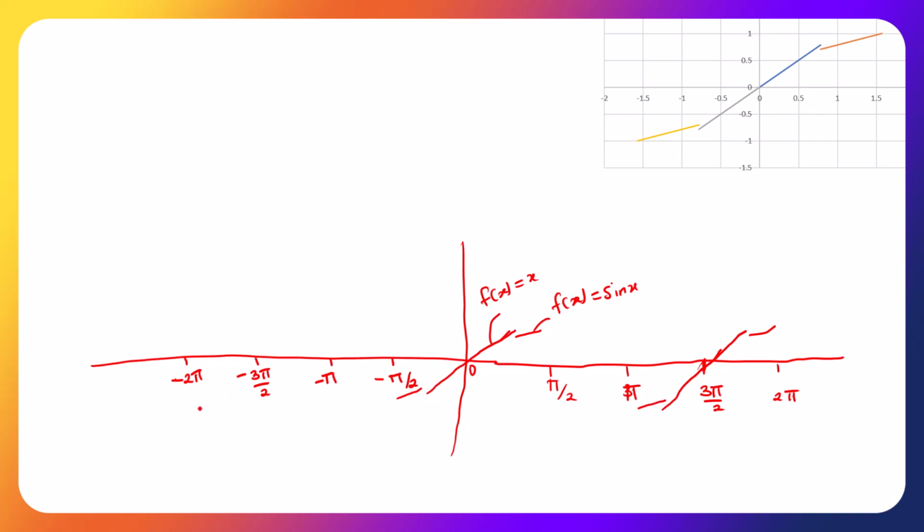Then we have another one. So this is our f of x, and this is x, and this is the given function, and this comes to the end of this example.